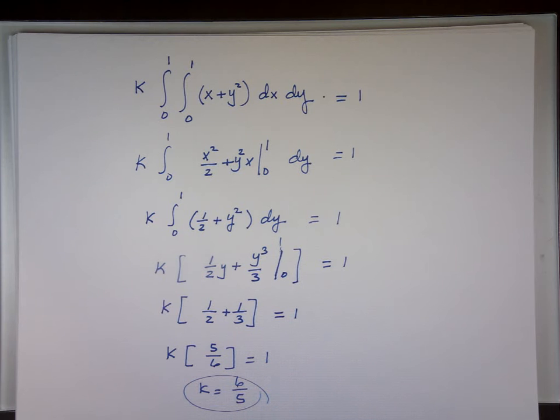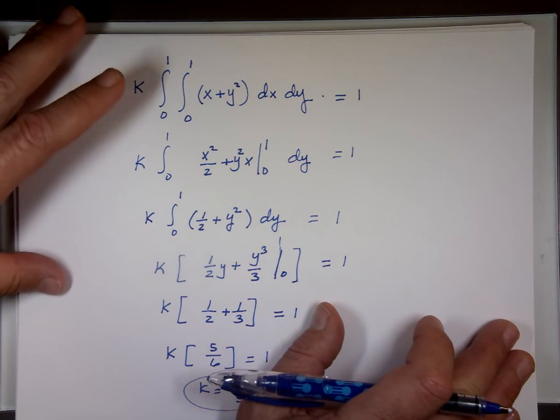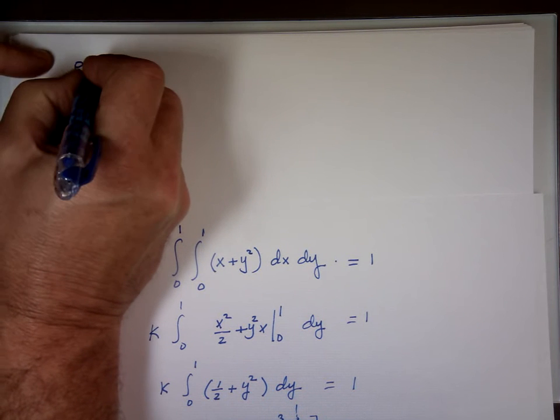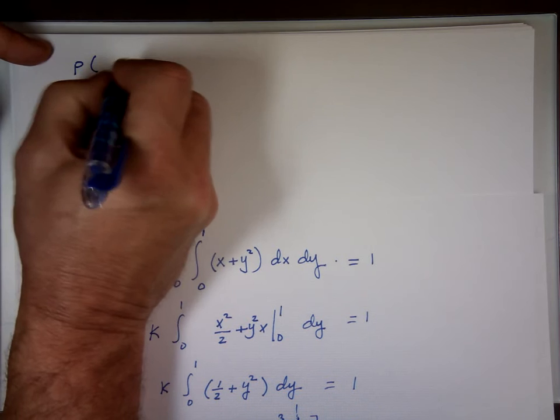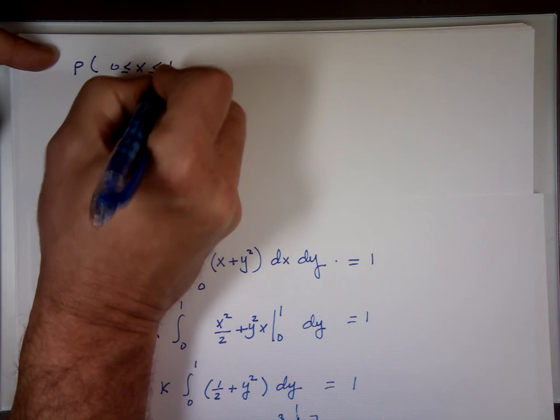Now, curiosity, what's the probability that if you walk in, you're going to wait between 0 and 15 minutes, which is a quarter of an hour?